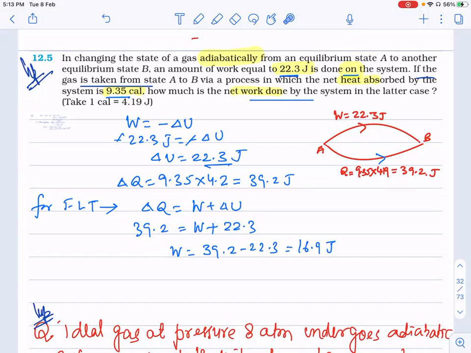One more question based on adiabatic process.